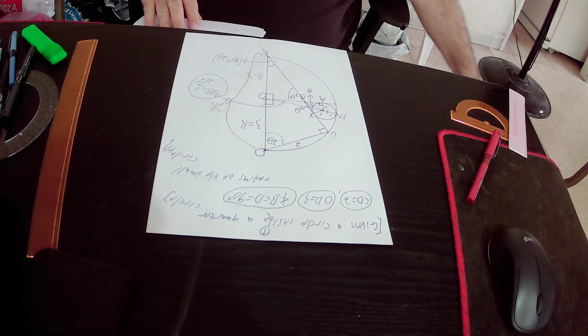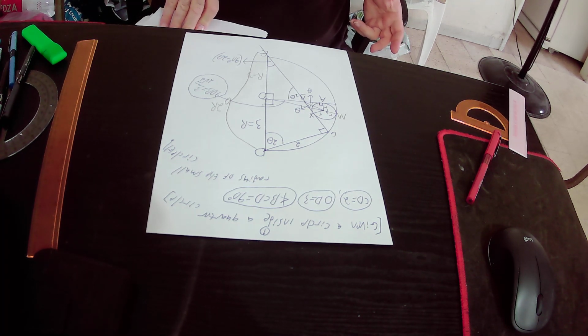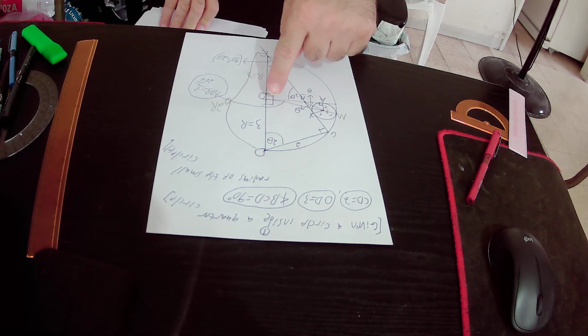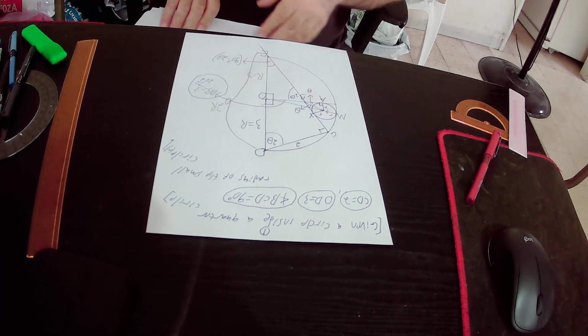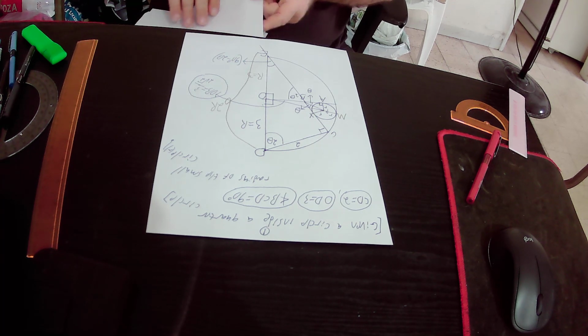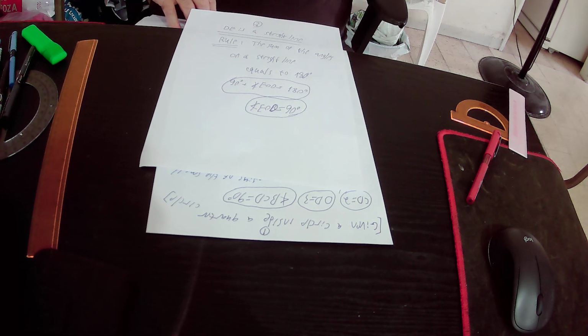So we also know that DE is the diameter, therefore it is a straight line. And we have a rule that the sum of the angles on a straight line equals 180 degrees. So on the straight line ED at point O, the sum of the angles must be equal to 180 degrees.